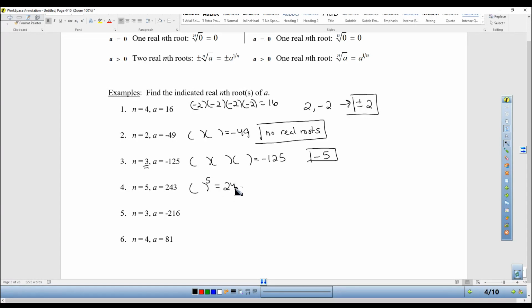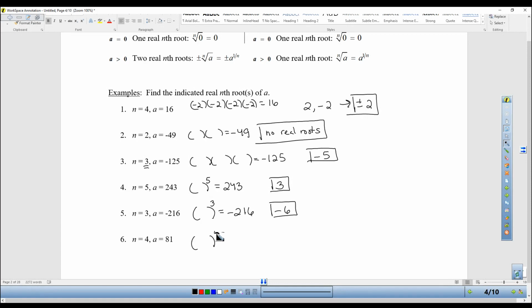That would give us 243, and that root is 3. We're looking for a number that when it's raised to the 3rd power is equal to -216. And when you raise -6, not +6, that would give you +216. So remember that with odd numbers, there's an answer whether or not it's negative.